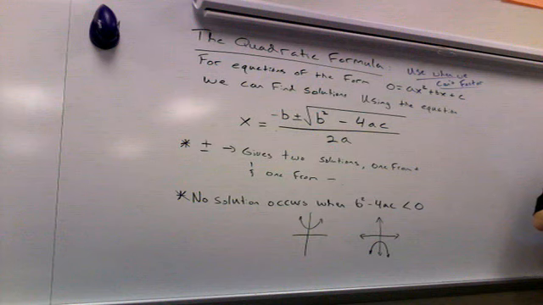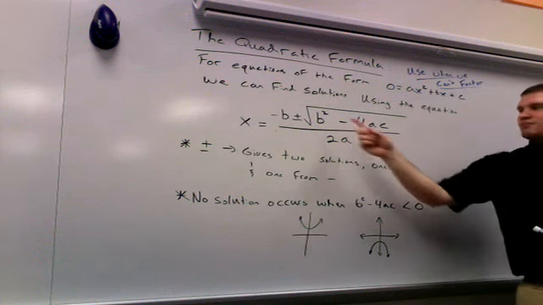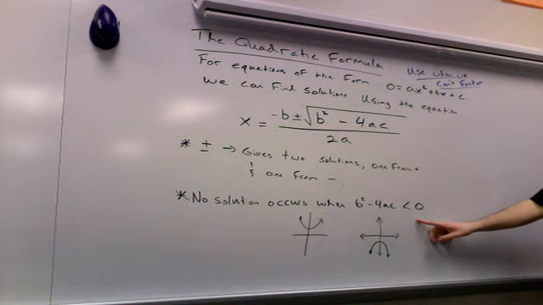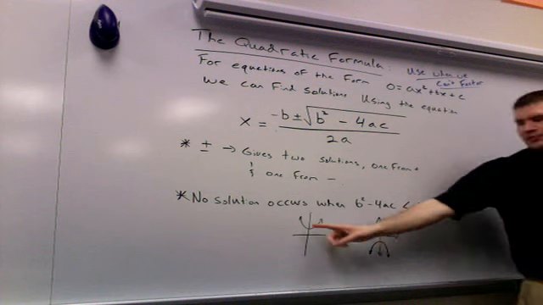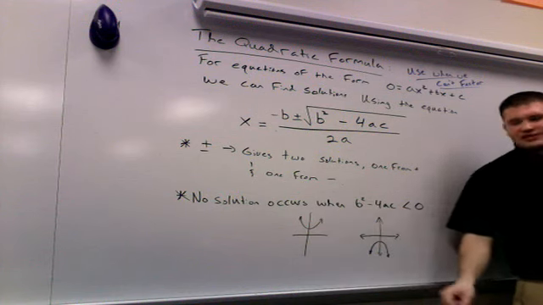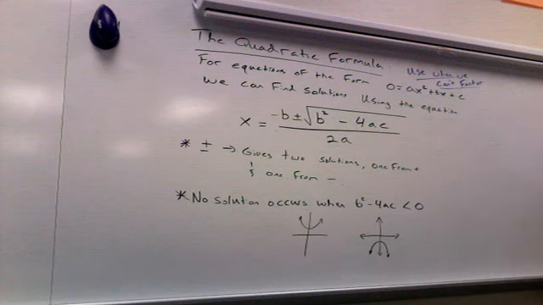There is a time where we'll have no solutions, and that's when the inside right here is negative. If b squared minus 4ac is less than 0, we have no solutions. That means our parabola either opens up and never crosses the x-axis, or opens down and never crosses the x-axis. So if your b squared minus 4ac ends up being negative, you'll have no solutions.